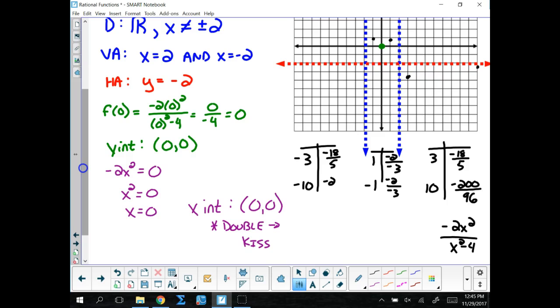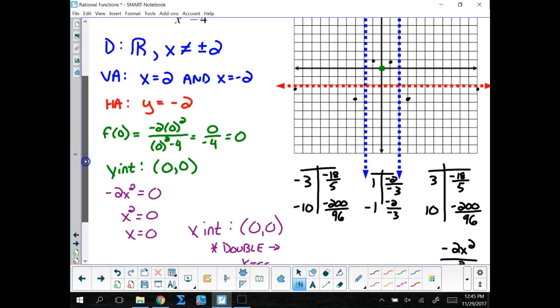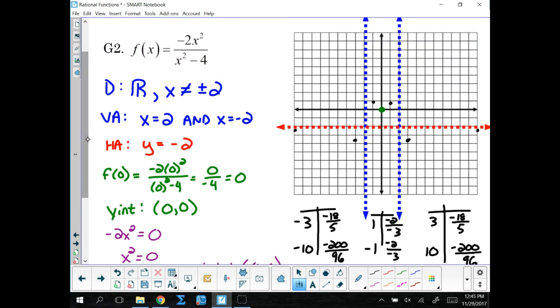Negative 10, going to be the same because I'm squaring everything. So my graph looks like that. Agree?